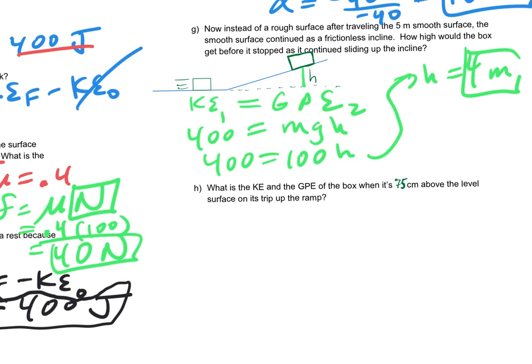What's the KE and the GPE of the box when it is 75 centimeters above the level? So what if it got this high right here? What's this GPE and what's this KE separately? Before, KE1 would equal KE2 plus GPE2.